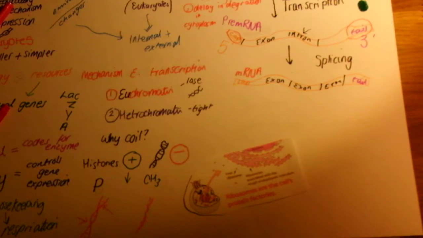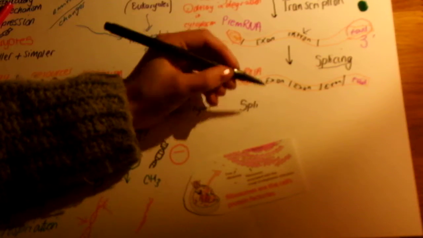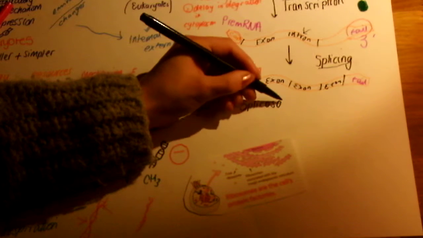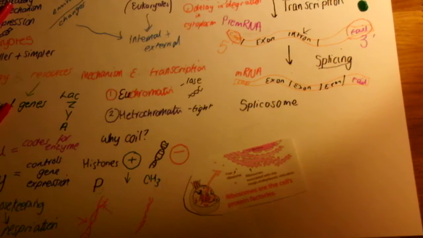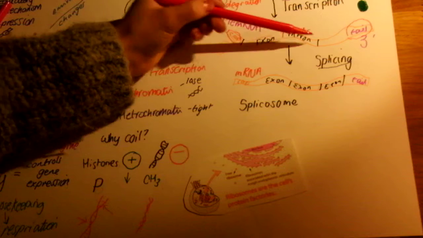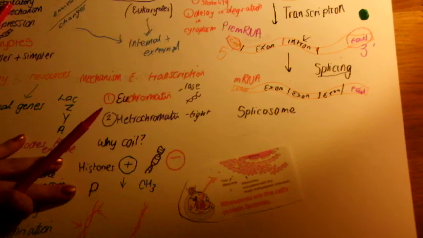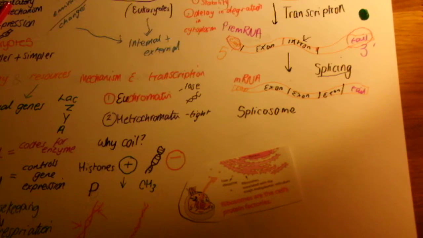The splicing, which is an important step here, is catalyzed by something called the spliceosome. So splicing is catalyzed by the spliceosome. The restriction enzyme is the enzyme that actually cuts the introns off of the RNA, and a single strand of bases is then left.